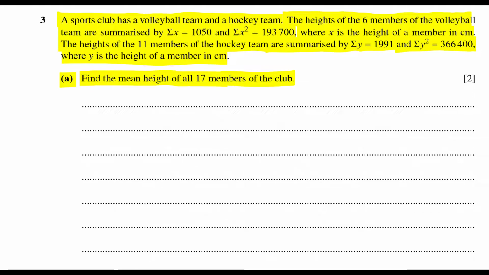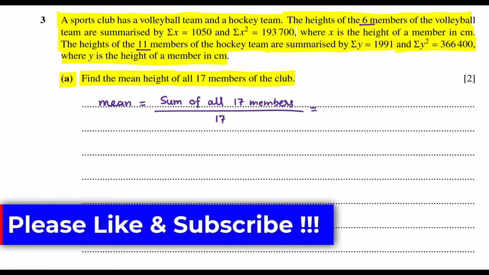So here it's kind of easy because we have the 6 members height and 11 members height separately. So the mean is the sum of all 17 members divided by the number of members, that is 17. And for the sum, we have sigma means sum.